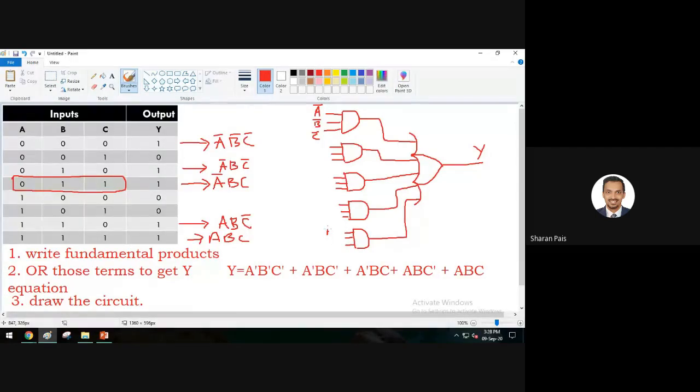And the last one is A, B, and C. So this is the circuit, using AND OR logic. That is your SOP. You can see first one is AND gate, next one is OR gate.